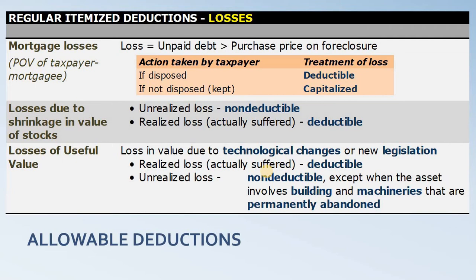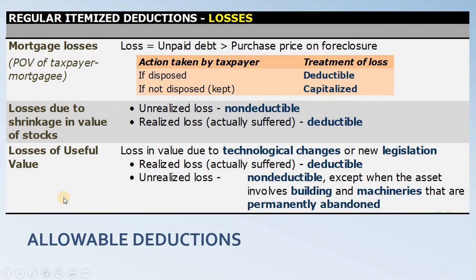So if the fixed asset is not yet sold, the decrease in the fair value or the loss of useful value is considered unrealized and it is a non-deductible loss. However, except when the asset involves building and machineries that are permanently abandoned.